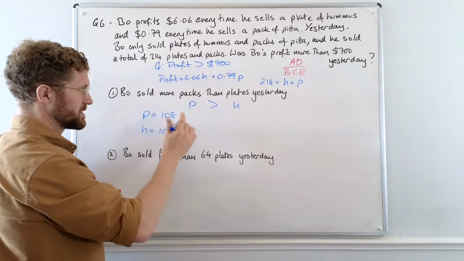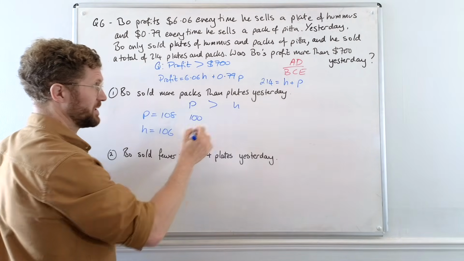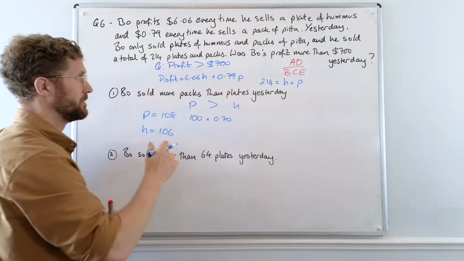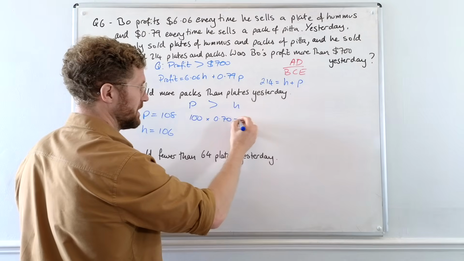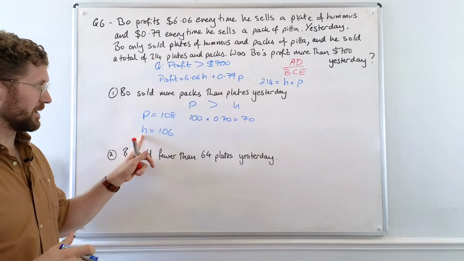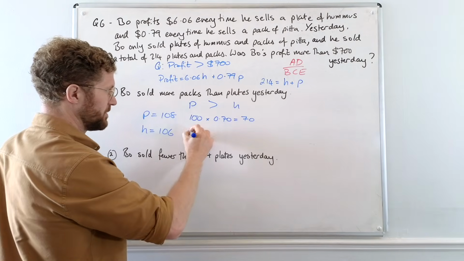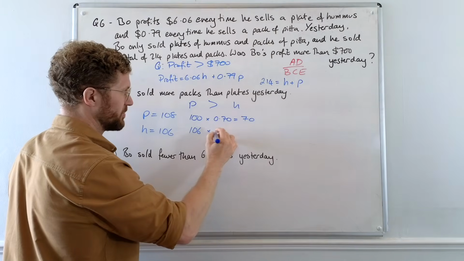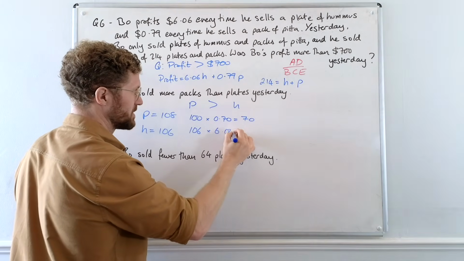So I'm going to underestimate the number of packs of pita he sold. I'm going to underestimate the profit Bo made for each pack of pita and say that Bo made $70 on each pack. For the hummus, I'm going to keep the 106, and underestimate the profit he made for each one and say that it's just $6.